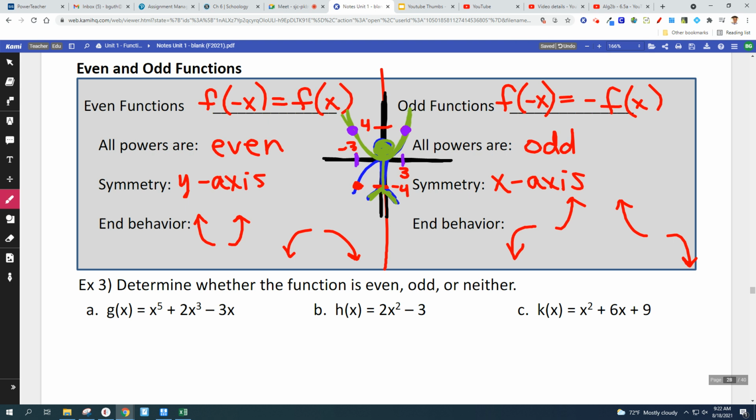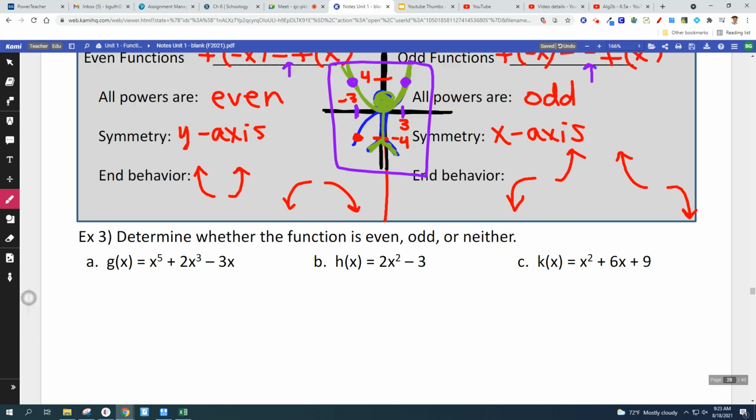Also 4. So with an odd function, you're going to get the opposite result, but with an even function, you're going to get the same result. And I think looking at it like this man right here is probably the easiest way to understand it. So you'll see me doing that with my arms sometimes.